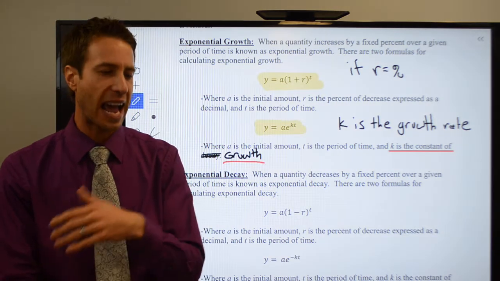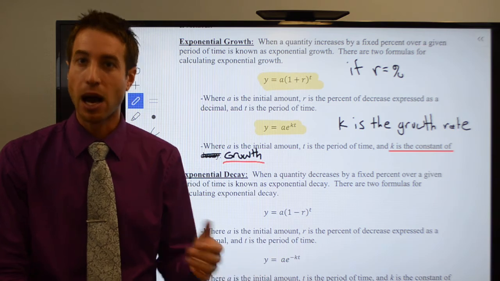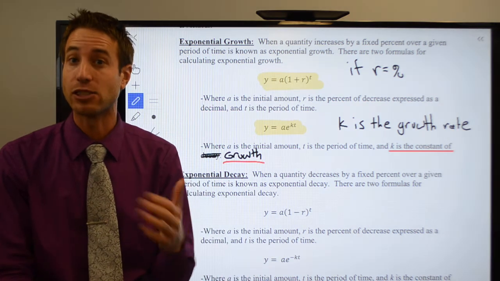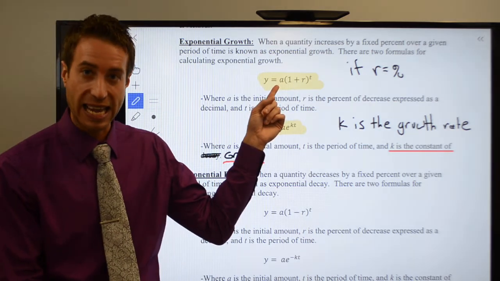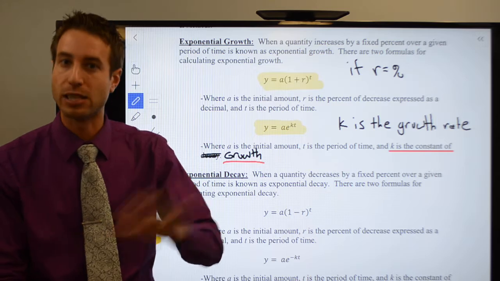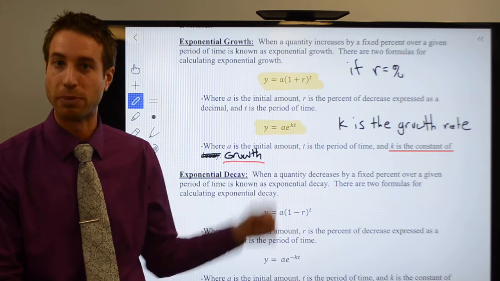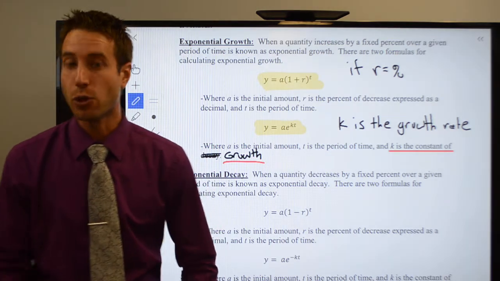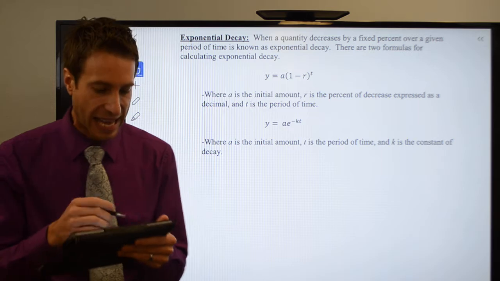So if there's anything in the problem about a growth constant, or it asks you to actually find k, well, this doesn't even have a k in it. You've got to use the continuous exponential growth formula, that one right there, which has our natural base e in it.